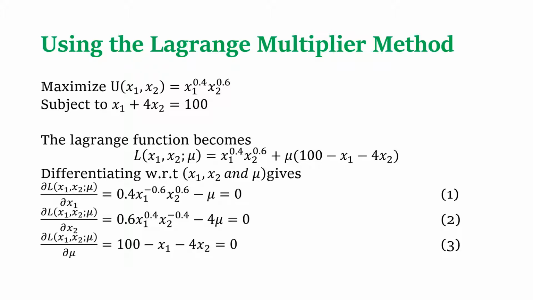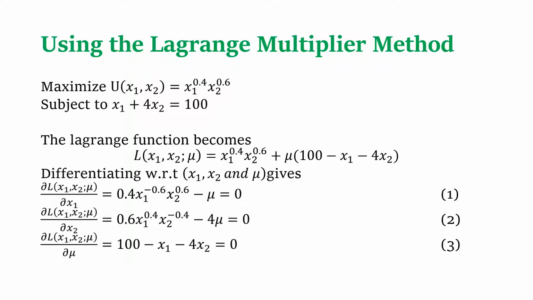What I do now is to differentiate the Lagrange function with respect to x1, x2, and mu, and then equate to 0. Now remember, these three variables are what we are going to look for.